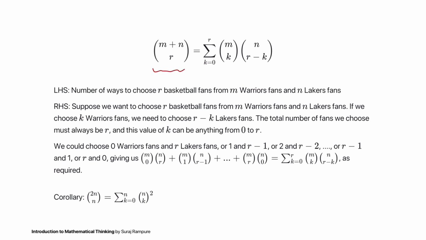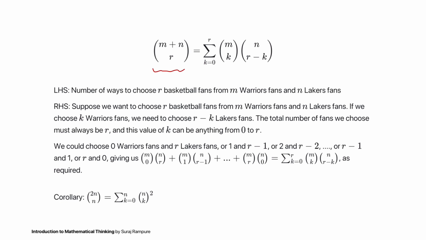And our right-hand side, this is the reasoning that we use. Suppose we want to choose r basketball fans. If we choose 0 Warriors fans, we need to choose r Lakers fans. If we choose 1 Warriors fan, we need to choose r minus 1 Lakers fans, right? So whatever number of Warriors fans we choose, we need to choose r minus that number Lakers fans. Is that clear?